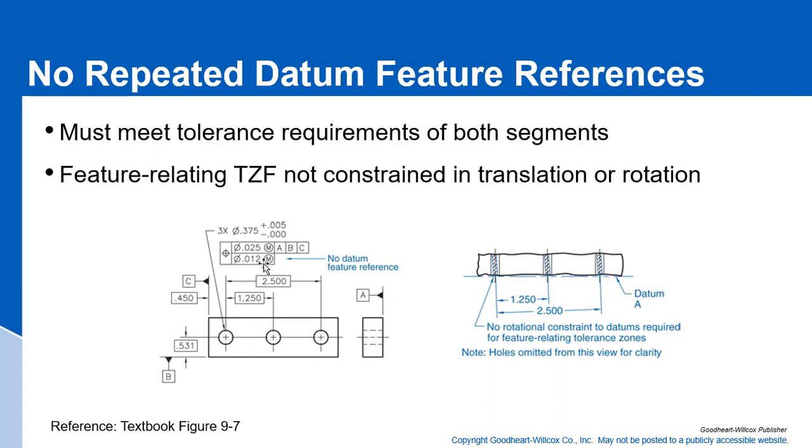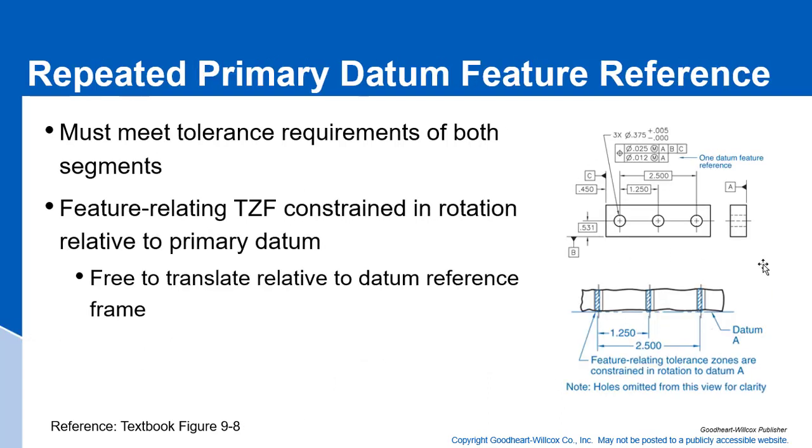When you're not controlling the feature relating tolerance zone framework to datum A, that can cause you some issues with the rotation of this part in here. So again, this is a little bit more common, where we're using datum A here, and that allows us to square up our holes.